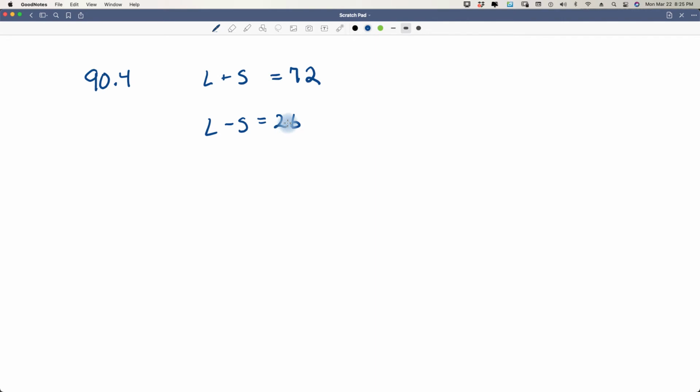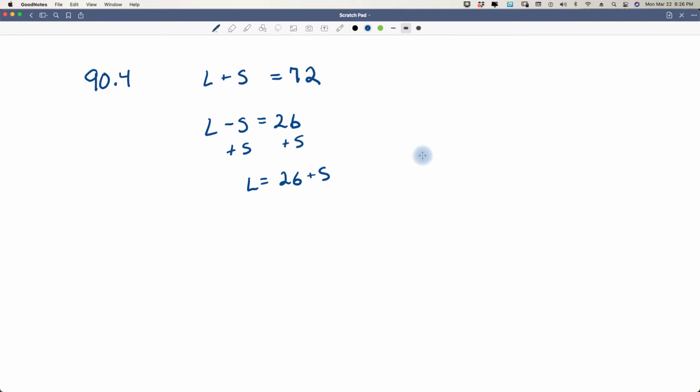From here, we can solve for the large number. We're going to add a small number to both sides. The large number equals 26 plus the small number. Okay? Now we can sub in this for this.